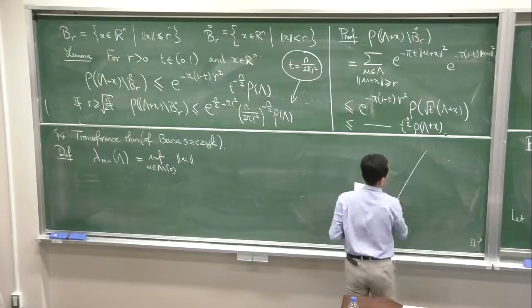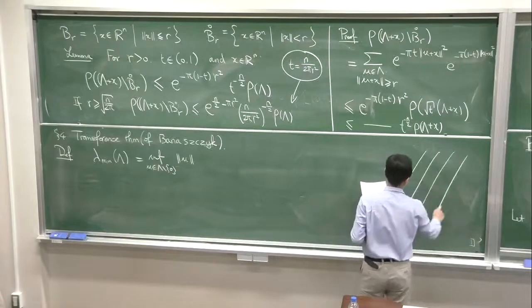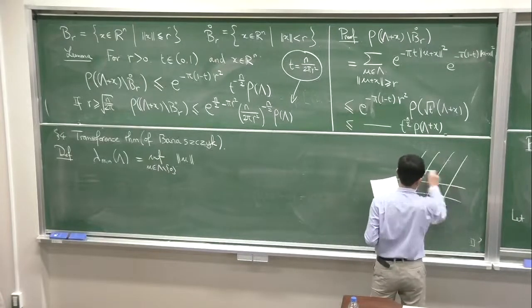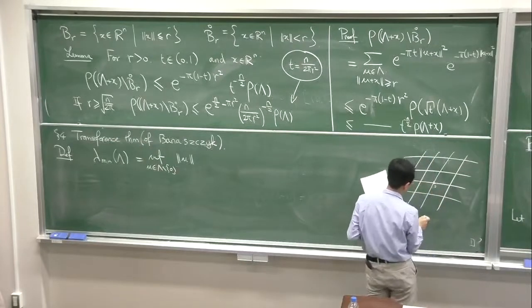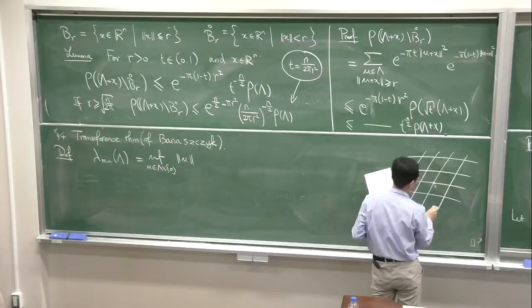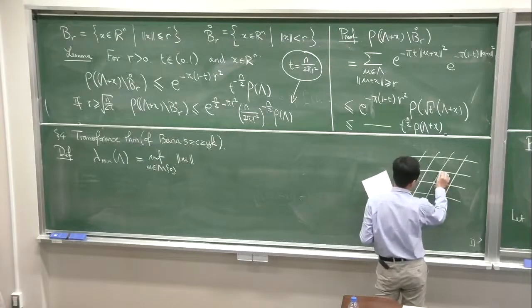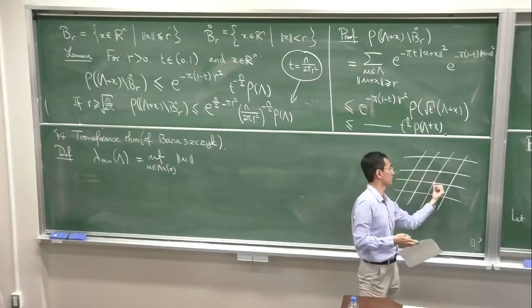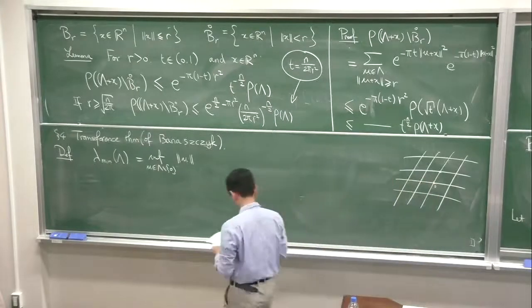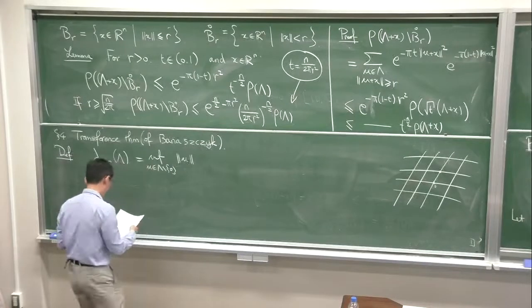So if you like, I can draw a picture. So assume that this is the origin. Maybe this one is the first point, which is nearest to 0.